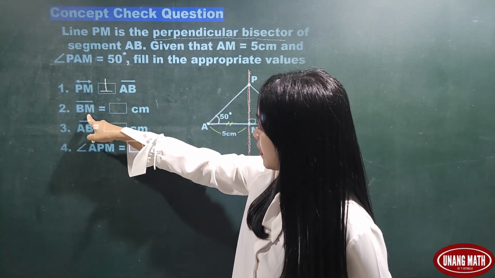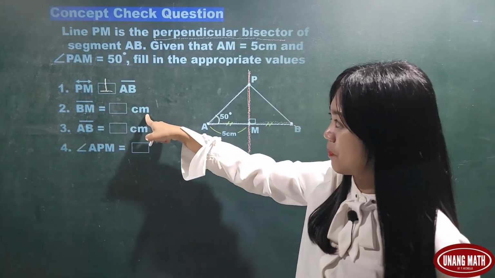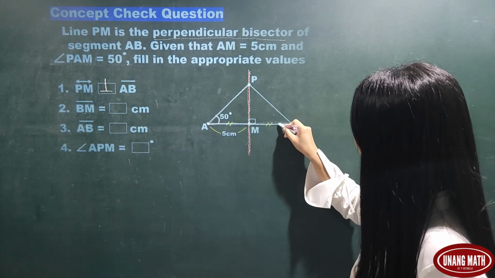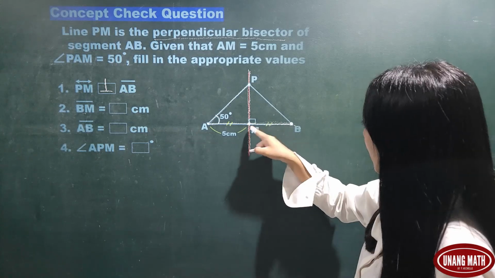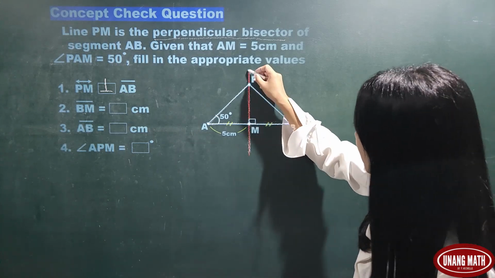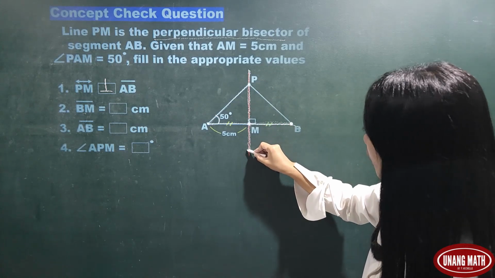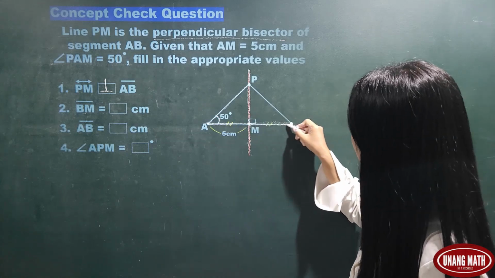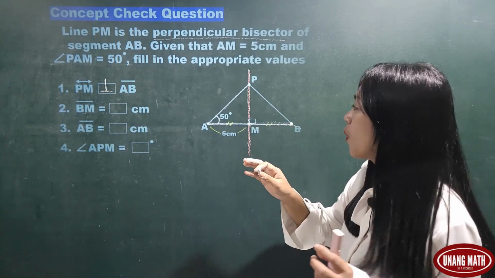Okay, what about number 2? Segment BM is equal to how many centimeters? Where's BM? This point up to this point, it's segment BM. Take note, since this is our perpendicular bisector, it divides this segment into equal lengths.